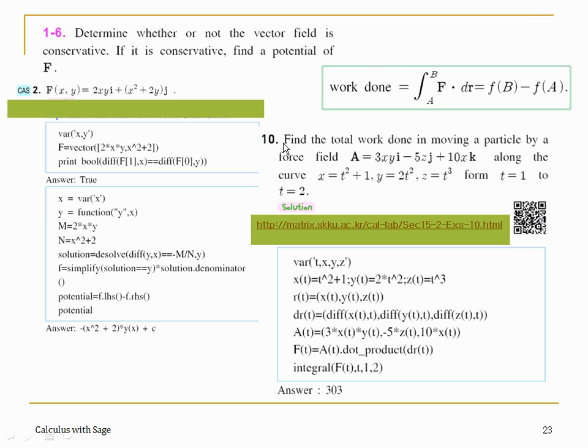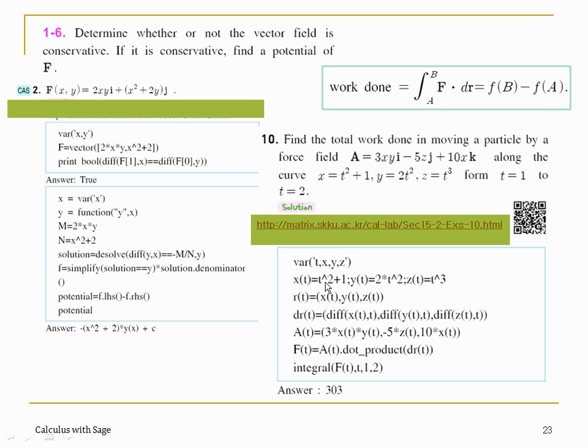And the next example, the problem is asking to find the total work done in moving a particle by a force field A along the curve from t equal to 1 to t equal to 2. This can be formulated in this way. Do the integral. This code is a little different.